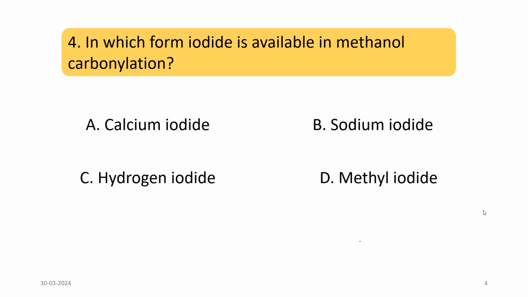Next question. In which form is iodide available in methanol carbonylation? So iodide is an important part of the catalyst. So this iodide is available in which form?